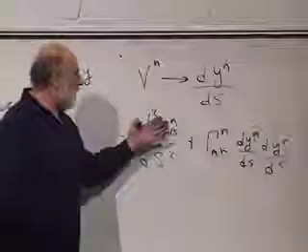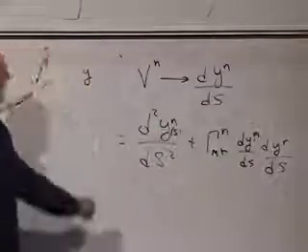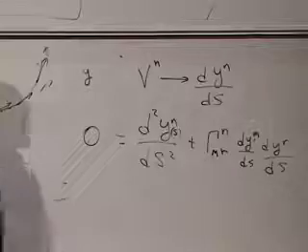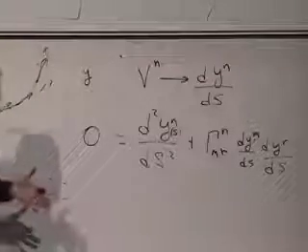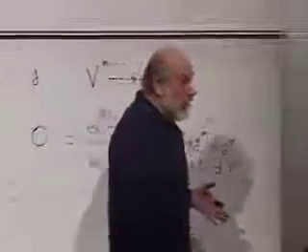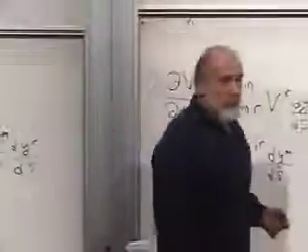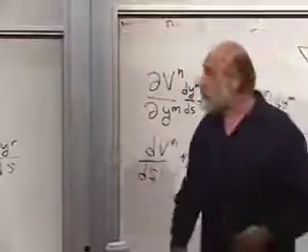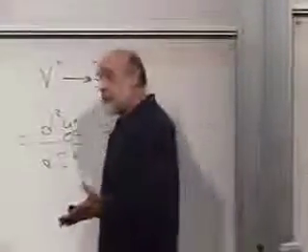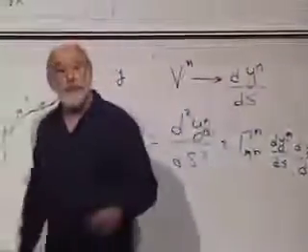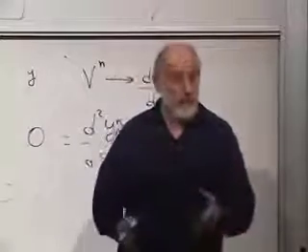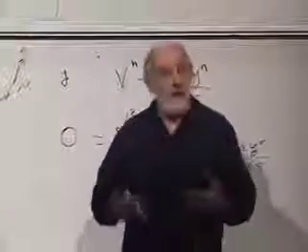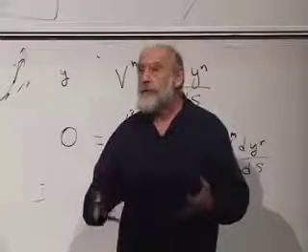Can it be that the covariant derivative of the tangent vector is 0? It certainly won't be true for every curve. In flat space, it's only true for straight lines. Can it be true in a general curved space that you can find special curves which have the property that the covariant derivative of the tangent vector along them is 0? The answer is yes. And those curves have a name.